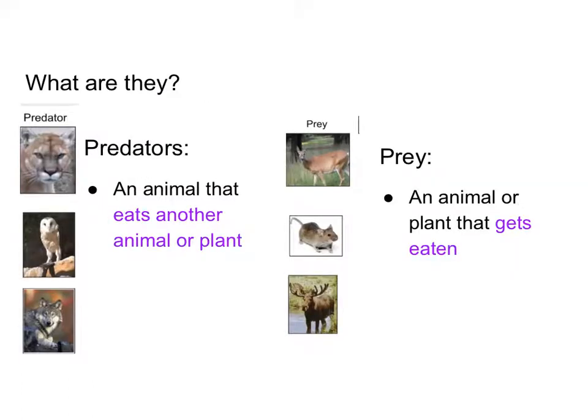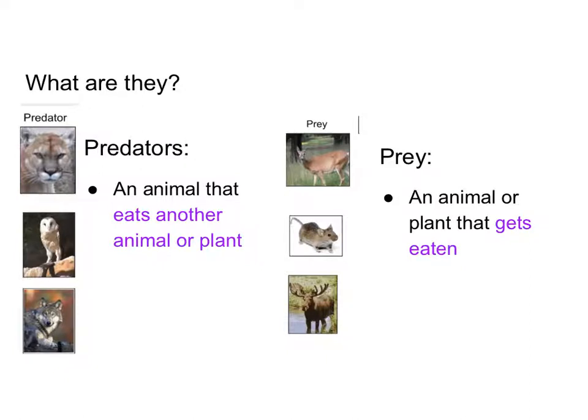When I talk about predators and prey, we need to be able to identify what type of organisms are predators and what type of organisms are prey. Predators are animals that eat another animal or plant. So plants are alive, that's why predators can also eat plants.